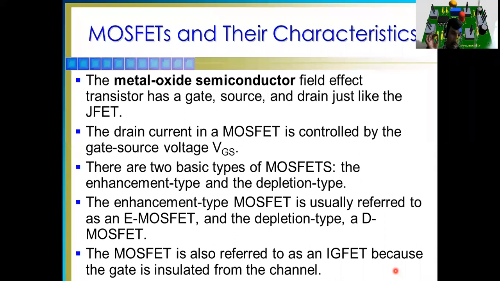Another word for the MOSFET is IGFET, because the gate is insulated from the channel. What does insulated mean? A silicon dioxide layer is present there. Right. When you observe a capacitor, a dielectric material is added. Yes, sir. It works like a capacitor. So the same material is added in the gate.